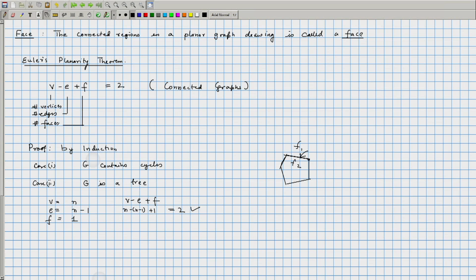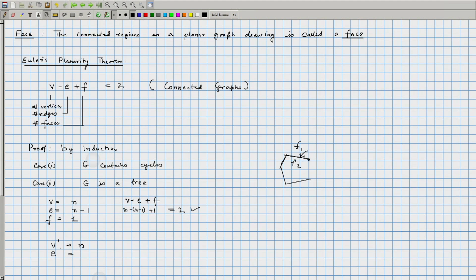If you remove this particular edge from the graph, you will get a smaller graph. In that smaller graph, the number of vertices does not change, the number of edges has reduced by 1, and the faces F1 and F2 will coalesce into a single face. So, V will still be n and E will be E prime.